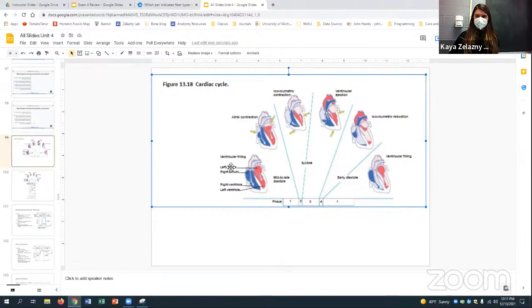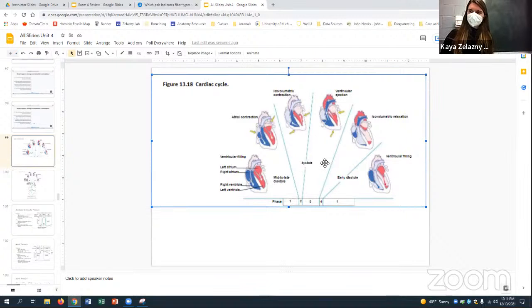So later down in this chart, we'll have a picture of the pressures, but where would we expect the high pressure to be during this phase, if that's the direction of the blood? Yeah, high pressure would be in the atria. And what's the state of our valves going to be? Yeah, our AV valves specifically are going to be open.